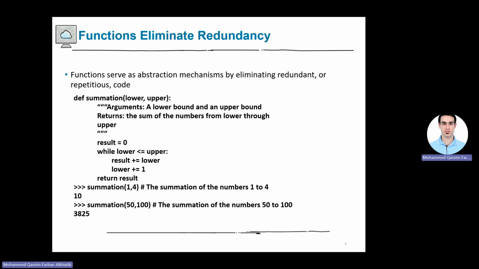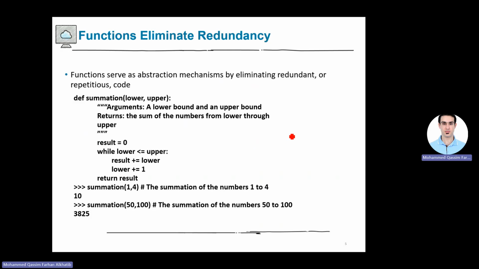All right. So this is an example of a summation code where you put a lower bound and upper bound, and it will compute the summation of all values there. So let's not start with this one.